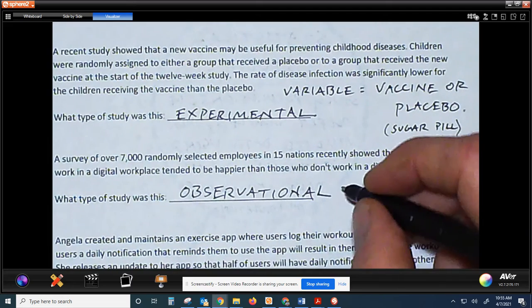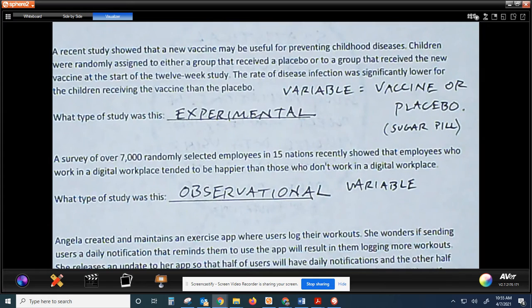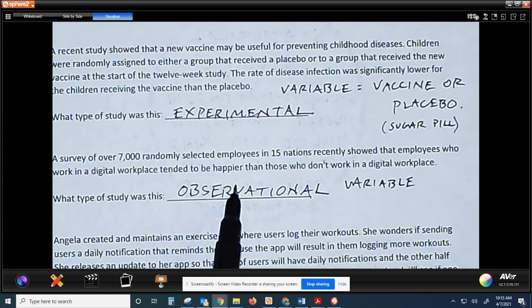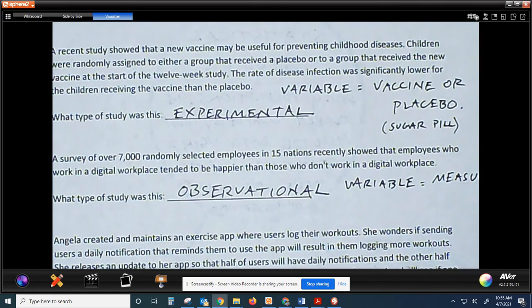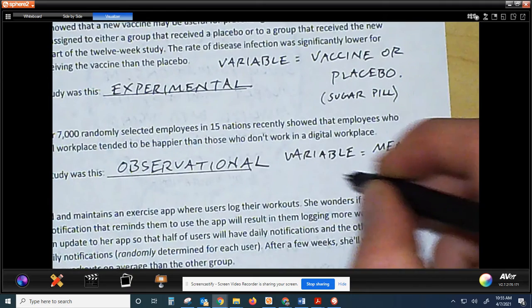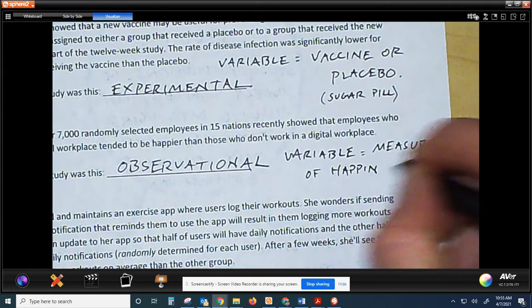Now, the variable they measure tended to be happy, right? It's some measure of happiness. I don't know how you measure happiness. Maybe on a scale between 1 and 10.